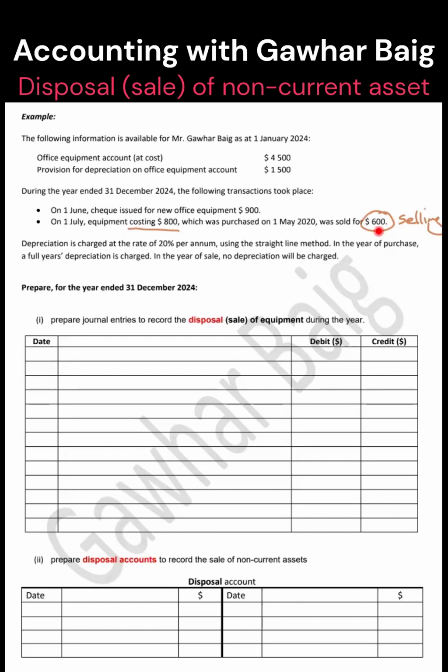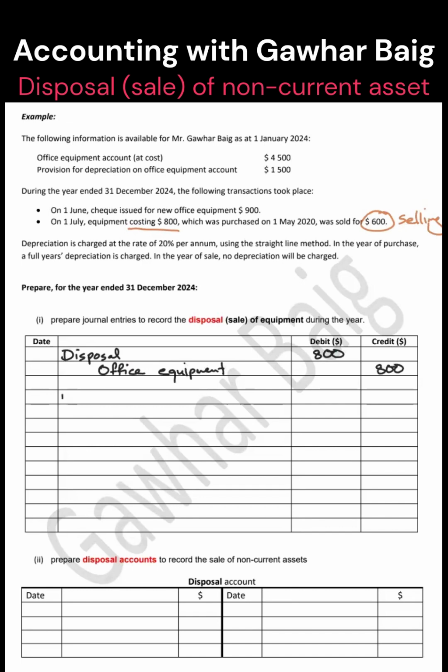So let's go and prepare the journal entries to record the disposal or sale of equipment during the year. The first entry will be the disposal account to be debited by the cost, which is $800. And the non-current asset account, which is the office equipment account, will be credited as it is the elimination of costs.